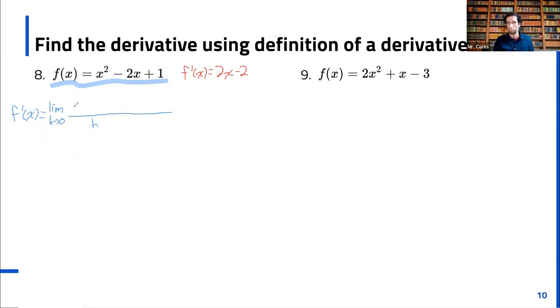Where is x minus 1 coming from? I think it's x plus h squared. Okay, so x plus h squared, minus 2 multiplied by x plus h, plus 1.